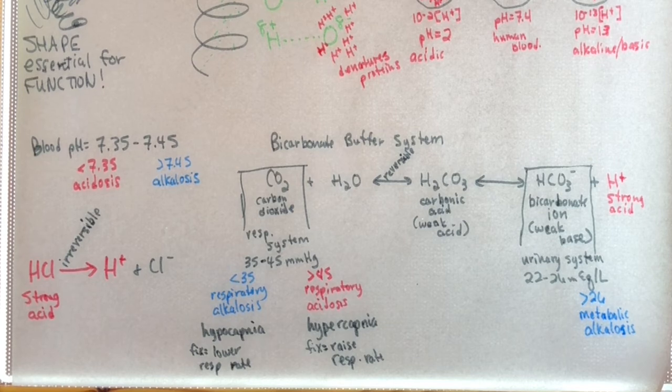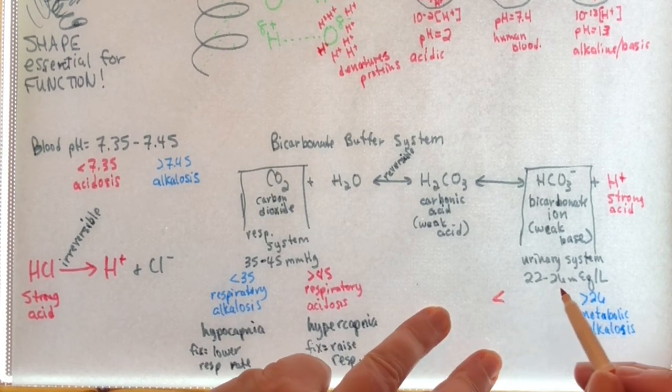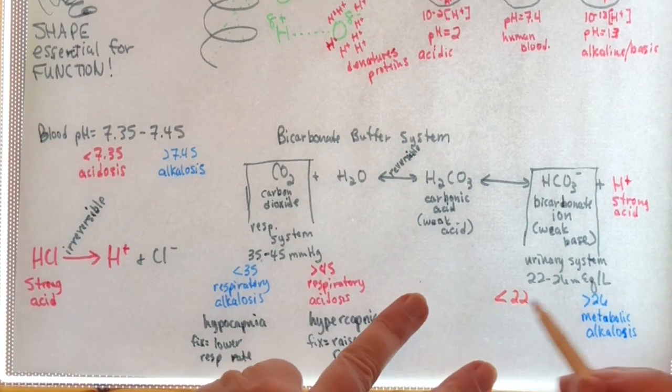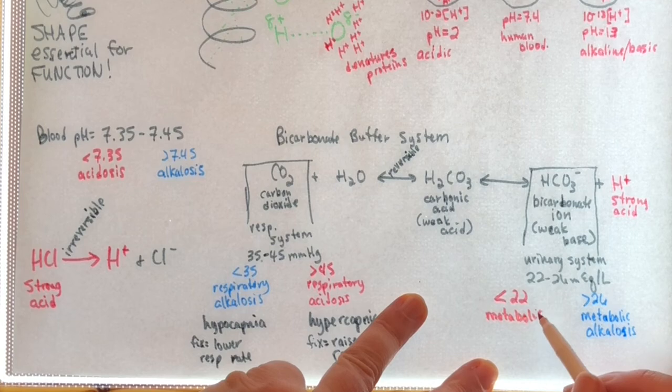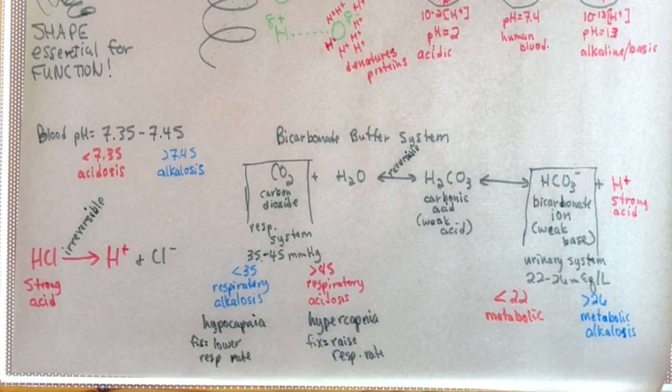But the other side of the equation is probably a little bit more common, when you have too few bicarbonate ions and they go below 22 milliequivalents per liter. This would be considered metabolic acidosis.